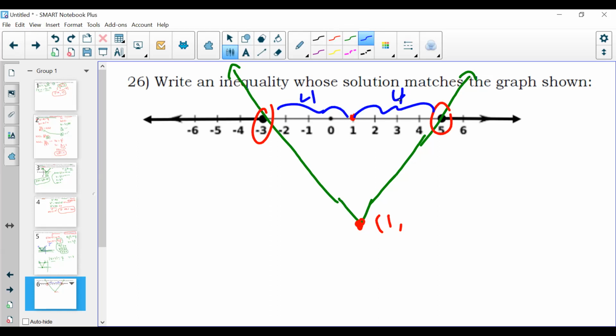So what this is saying is that I want the absolute value of x minus my midpoint of 1 to be greater than or equal to, because that's where my lines are, they're greater than the line, the distance 4. And that's going to be your answer.